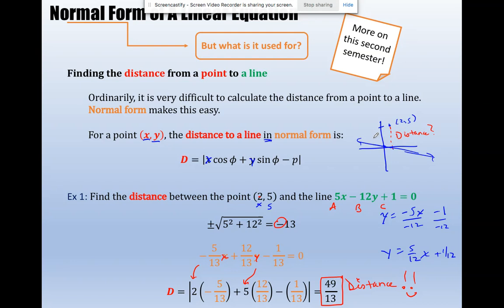I won't give you practice again writing the equation, but you need to remember that I need standard form of the line and then how to transform from standard into normal. And then once I'm there, I just plug and chug with absolute value.